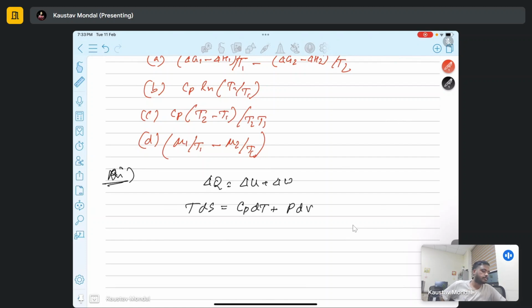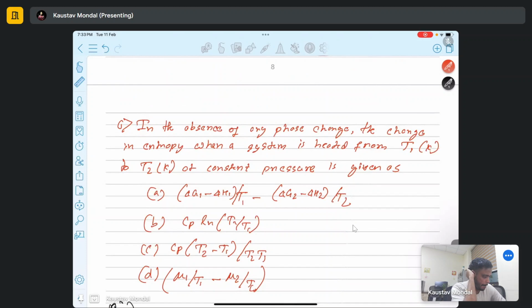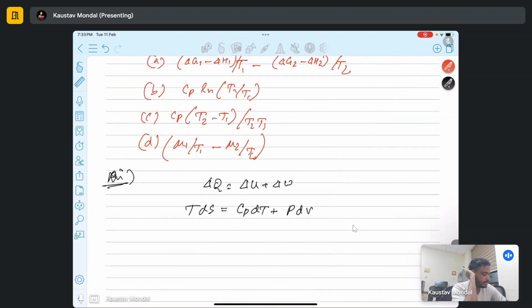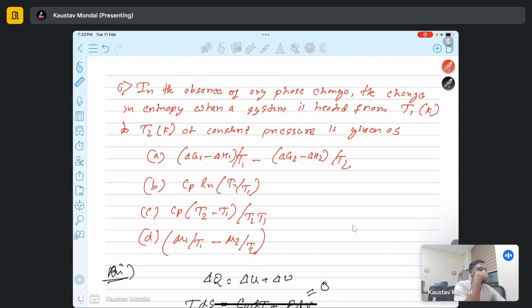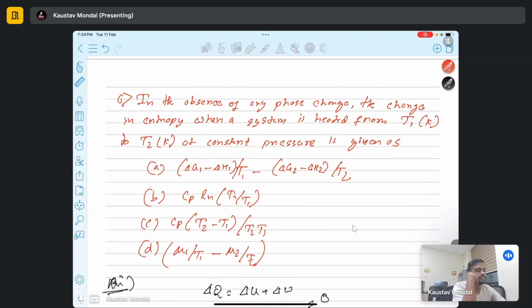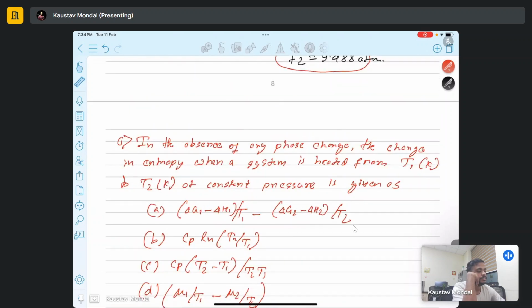Okay, as during this process there is no phase transition involved, that means there will be no volume change. If there is no phase transition, then simply no volume change will be there, right? So this term will be equal to 0. So TdS will be Cp dT. Now dS will be Cp into dT by T. Now the problem asks that the temperature is heated, that means this term should run from T1 to T2.